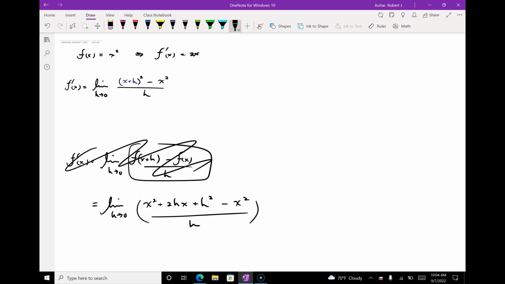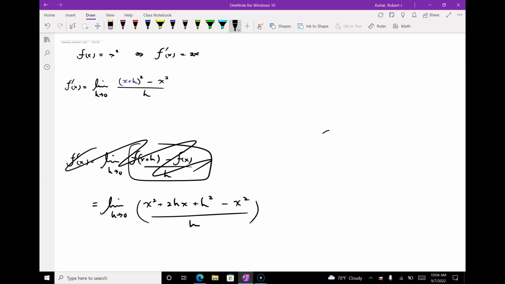Is this okay with everybody? X plus h quantity squared, right? X plus h times x plus h is an x squared, right? That's with an h squared, and I get 2hx. Usually we're in alphabetical order. Everybody okay there? Anybody need to see me do that on the side real quick?